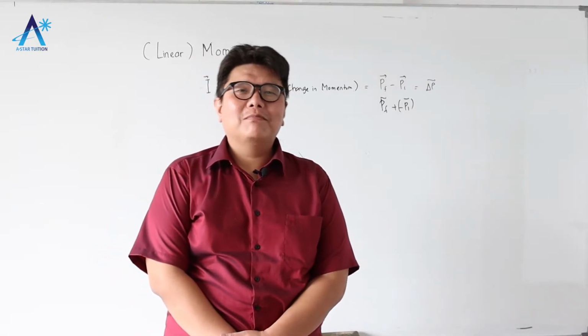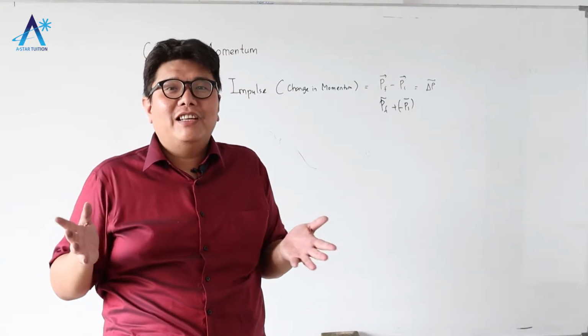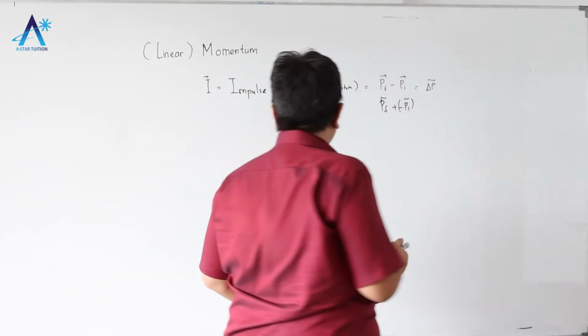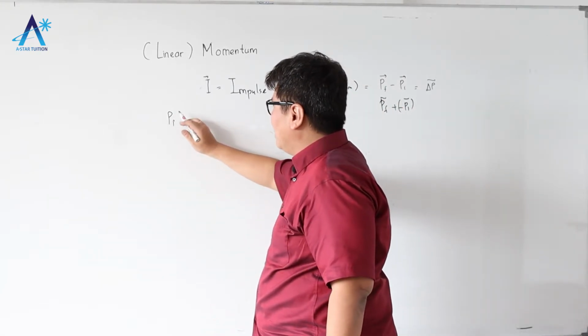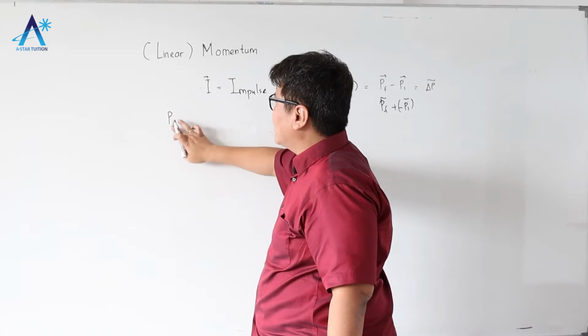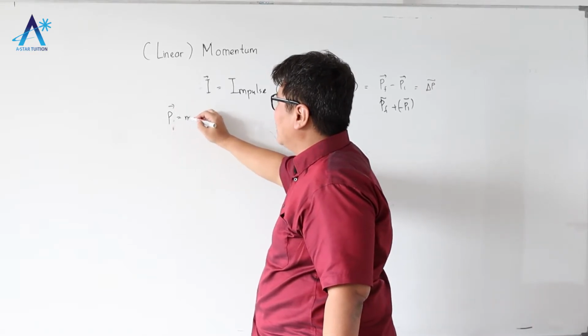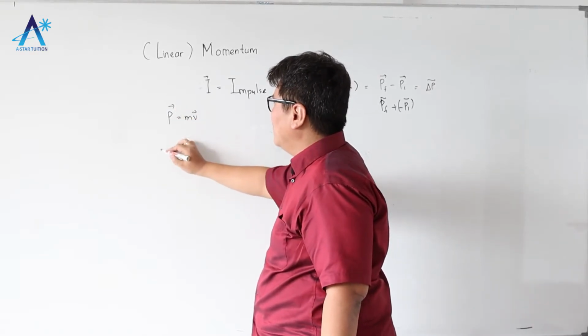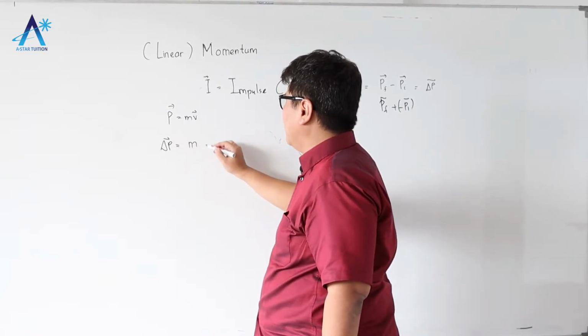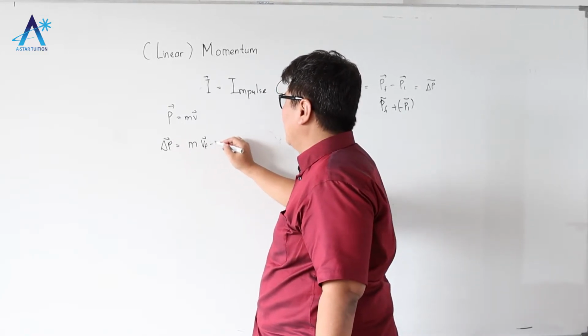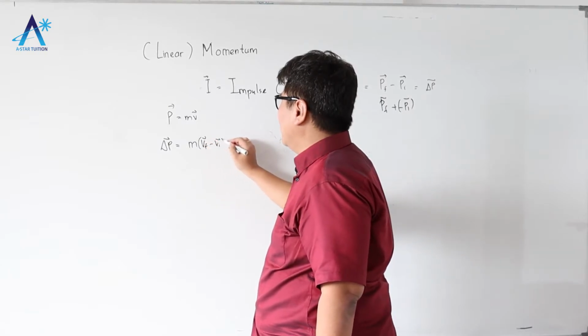Now, let's discuss what causes the change in momentum. Remember, momentum, as we discussed, is P equal to mass times velocity. So the change in momentum would be mass times v final minus v initial.